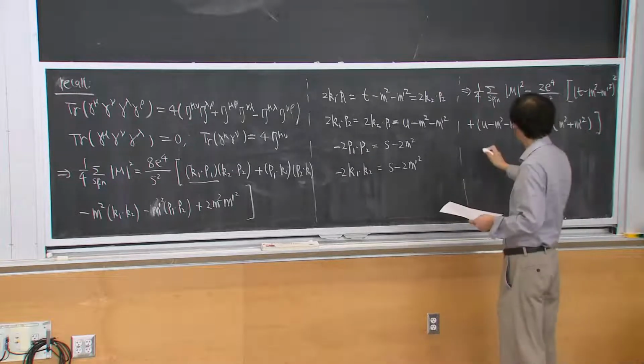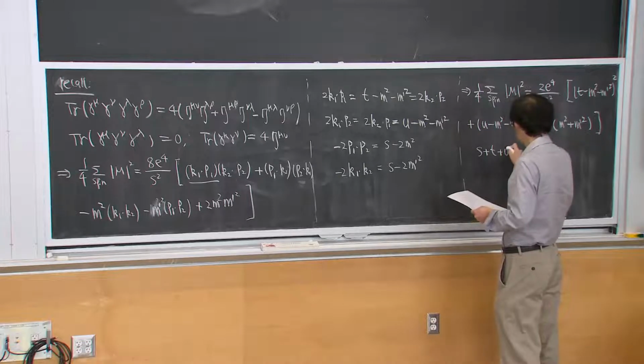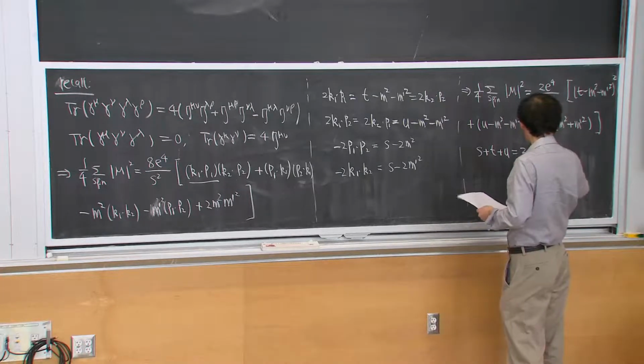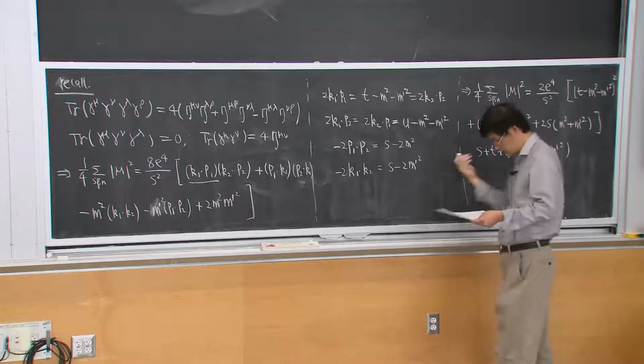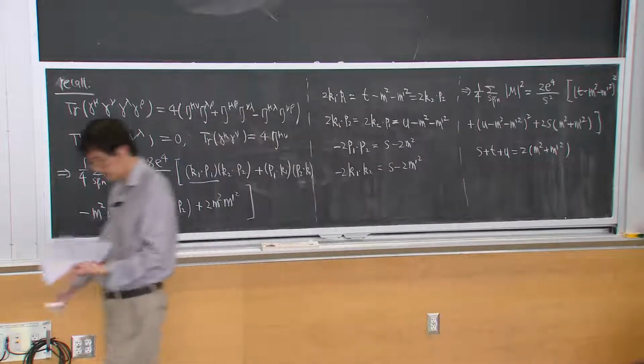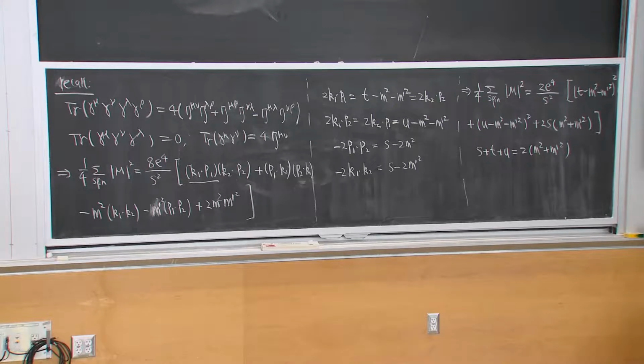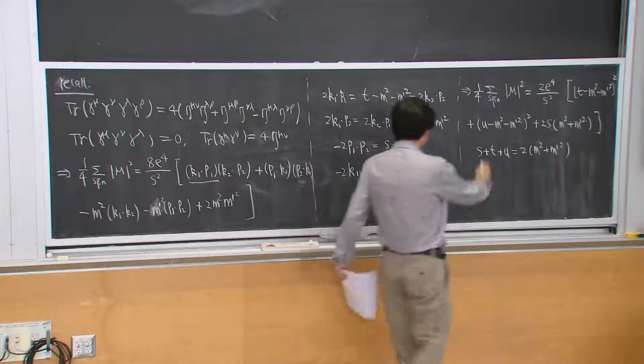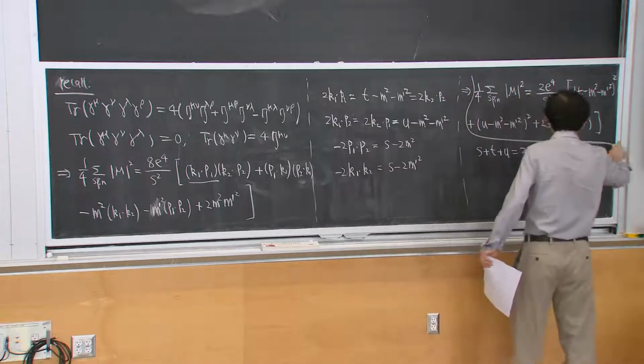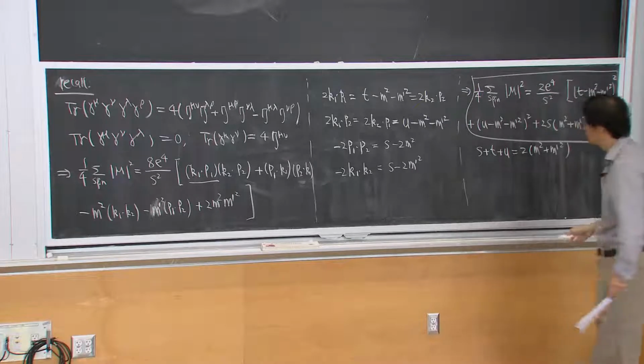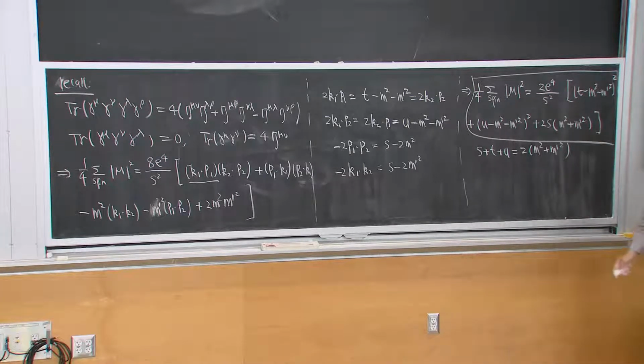Recall that s plus t plus u equals 2m square plus 2m prime square, so you can eliminate one of them. This concludes the calculation of the scattering amplitude. That's the expression you get, and you see that it can be expressed nicely in terms of the STU variables. Any questions on this?